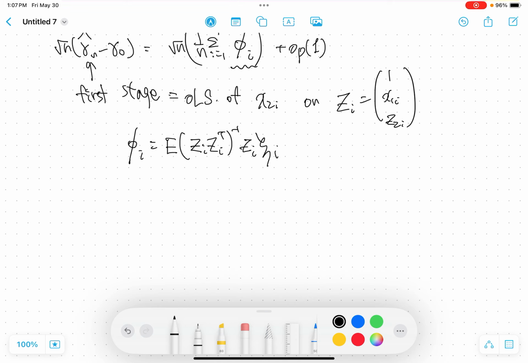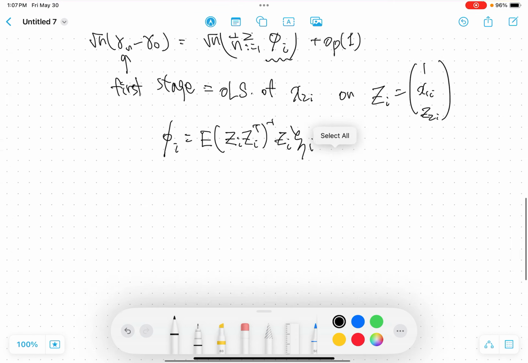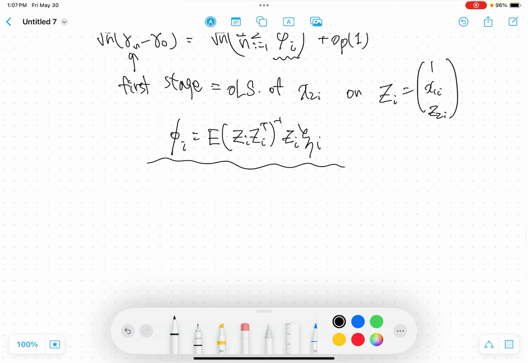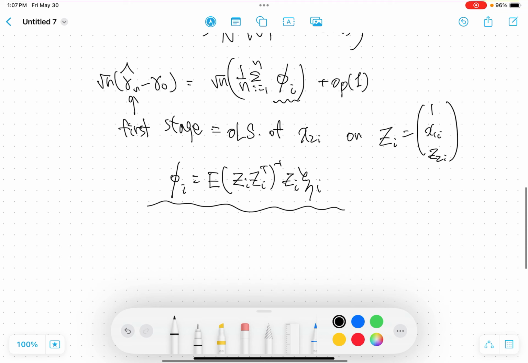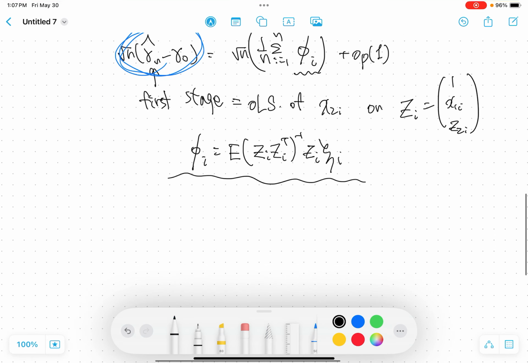Then it satisfies the influence function condition, right? The reason, again, this is the first stage estimation error. All right, we want this influence function because the first stage estimation error will affect the second stage error, right? So we have to think about it, and influence function is really convenient to capture the relationship between the first and the second stage estimation errors.